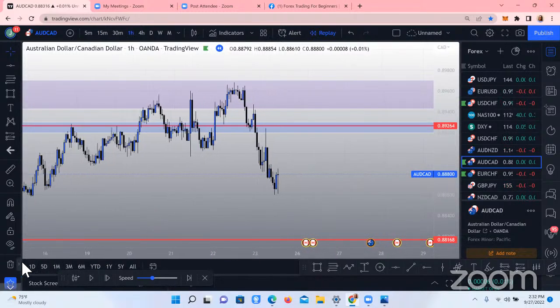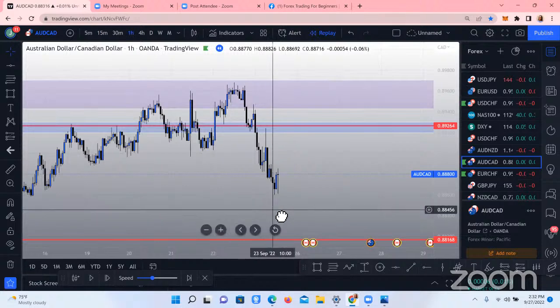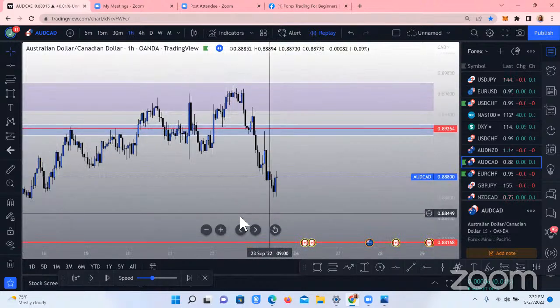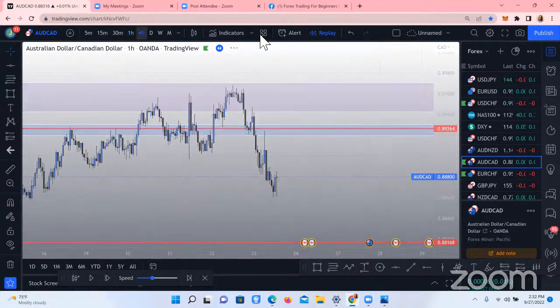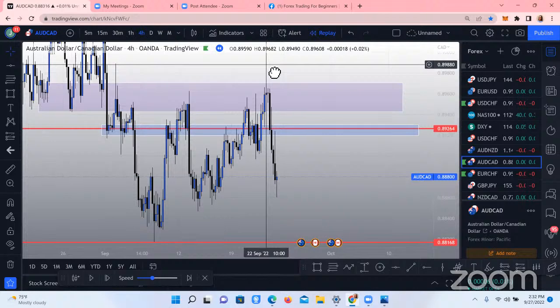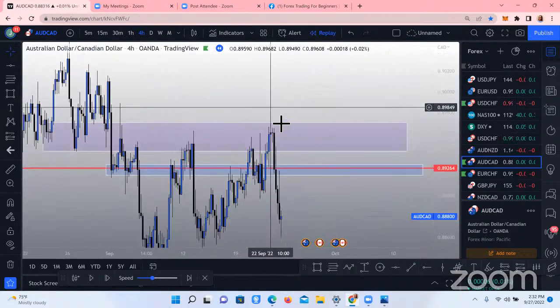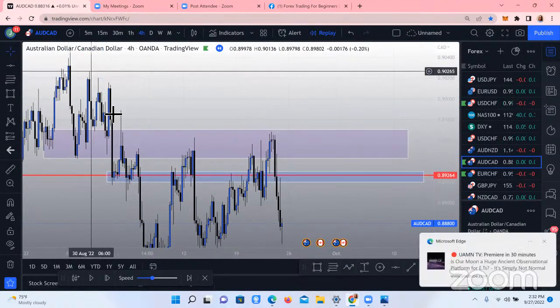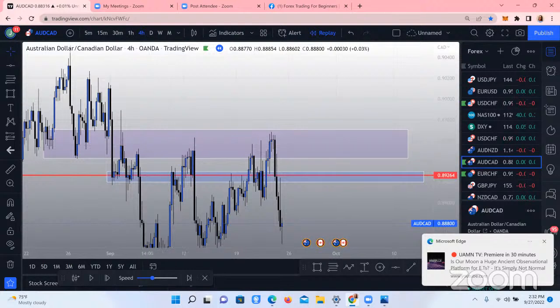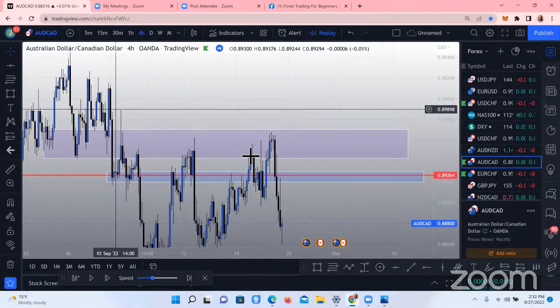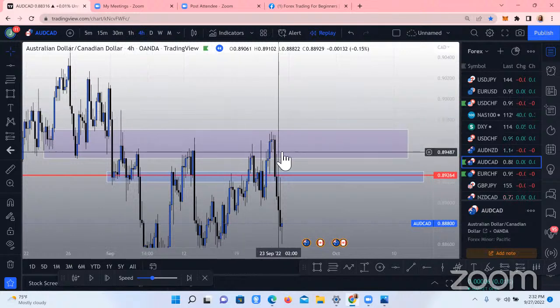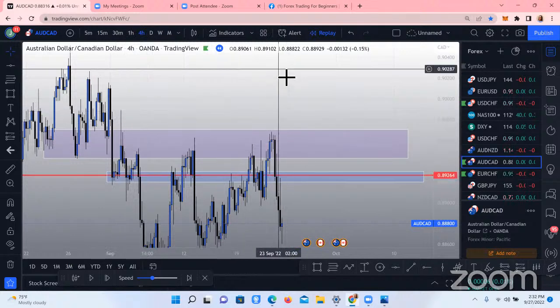All right, so what can we expect? We can expect, no matter what, let's go back to the 4 hours. We want our stop loss to either be above here. We want our stop loss to be above this wick, or at least if the price gets all the way up here, we're gonna put our stop loss way up here.